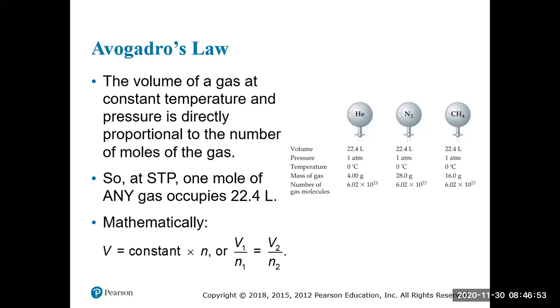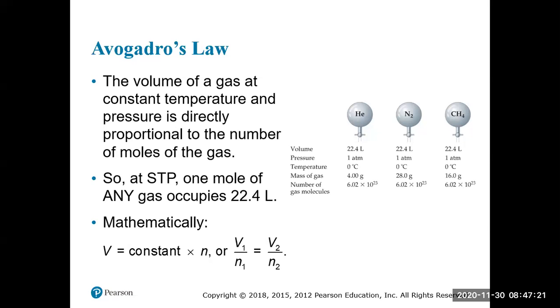So what this means is that volume equals some constant, because we've got the 22.4 liters, a standard temperature, and standard pressure, all of which are not going to change. That's what the constant represents. So the volume equals that constant value times the number of moles. Or in other words, V1 over N1 equals V2 over N2.